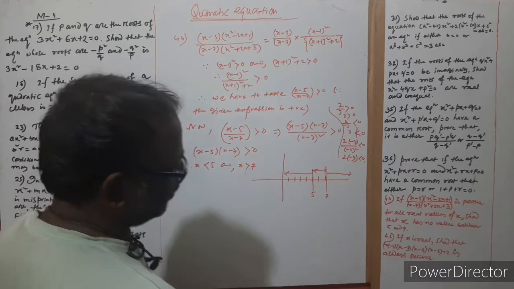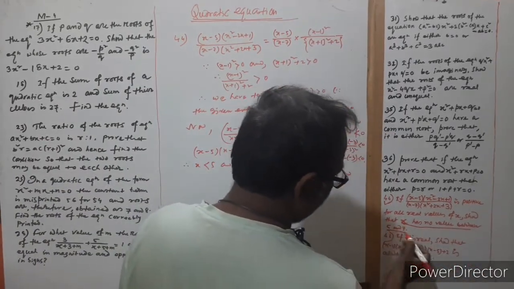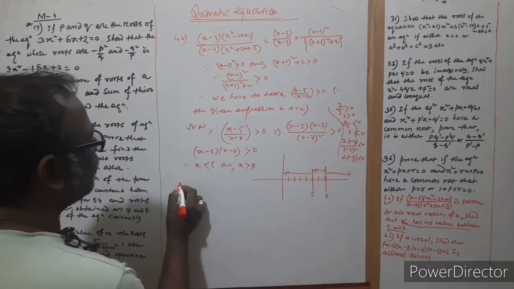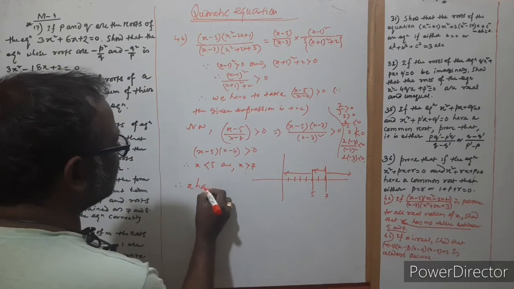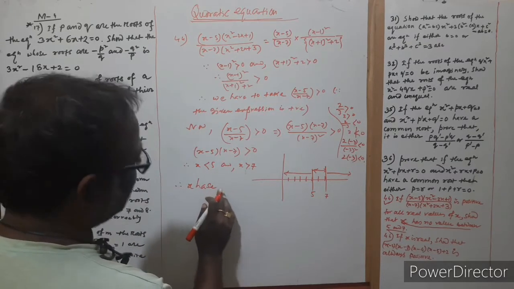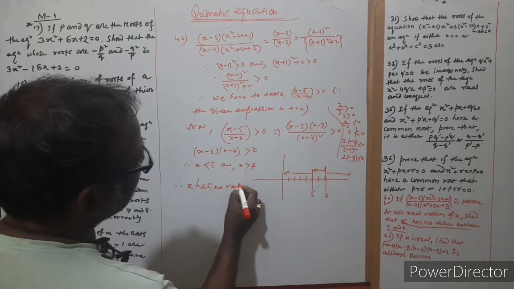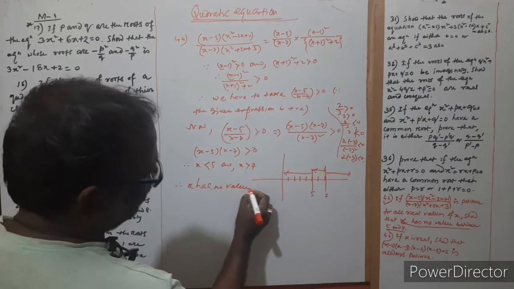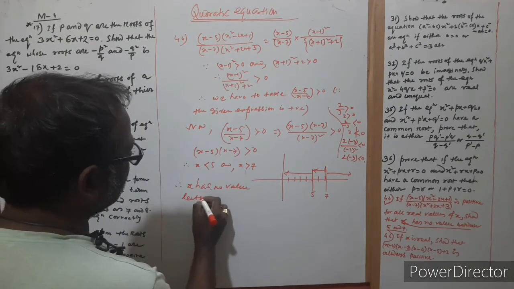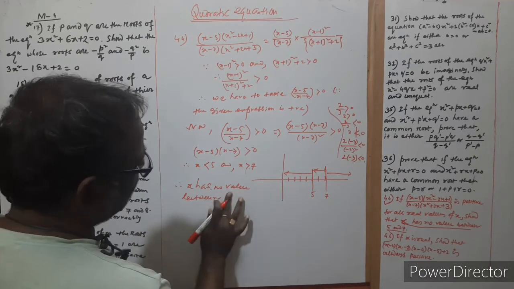Therefore x has no value between 5 and 7.